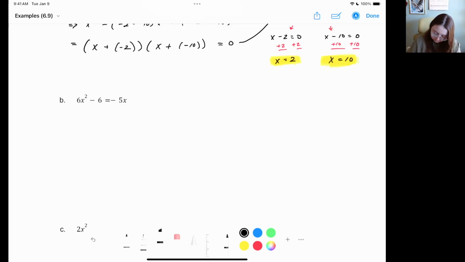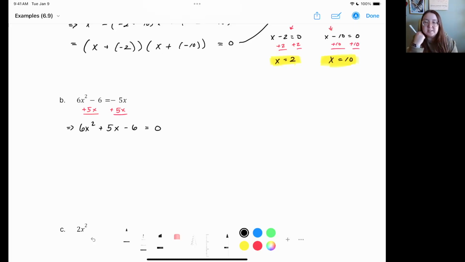So we're going to get rid of this negative 5x on the right by adding 5x to both sides. So we get 6x squared plus 5x minus 6 equals 0. So now we have an equation equal to 0, which is what we wanted.